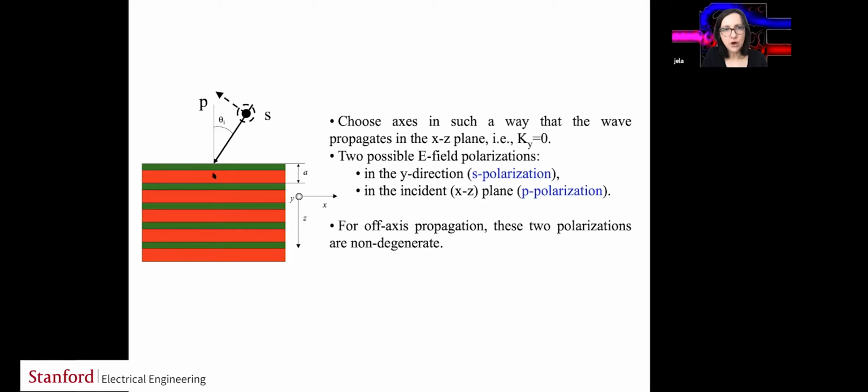But now for the off-axis propagation, let's say your k vector is under an angle theta I relative to the z-axis. Like here, now it matters how the electric field is polarized. If you have S polarization, where the electric field is perpendicular to the screen, or in scientific terms, for the S polarization, the electric field polarization is perpendicular to the plane of propagation.